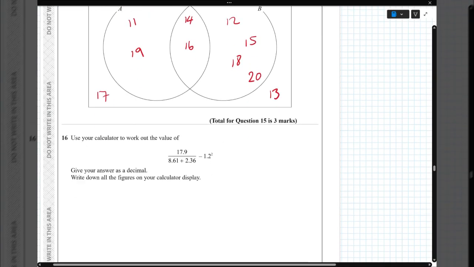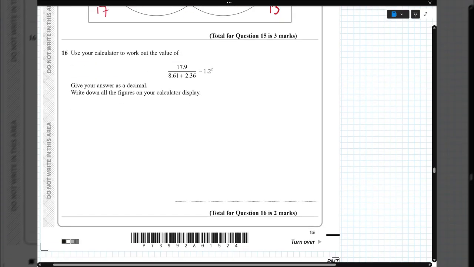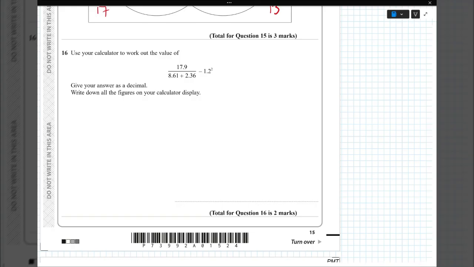Super. Right, question 16. Use your calculator to work out the value. So 17.9 divided by, and then I'm going to put this into brackets, so I'm literally writing it out like this, 8.61 plus 2.36. And that's all I'm going to do at the moment.